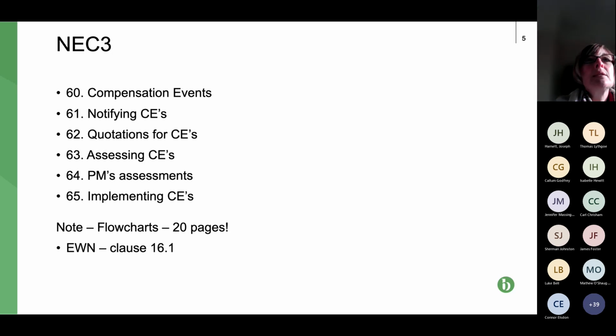So as I said, clause 60 lists the compensation events. We're not looking at the list today. There are other compensation events as well in the X clauses.